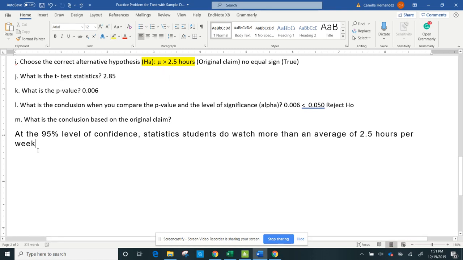And then if you wanted to, I sometimes do this. T equals 2.85, comma, with a p-value of 0.06. That's how I'm doing it if I'm writing it in for research. And there's some other things I can do to it, but I have shown that the statistics students do watch more than an average of 2.5 hours per week. And that was supported by the p-value and the level of confidence.